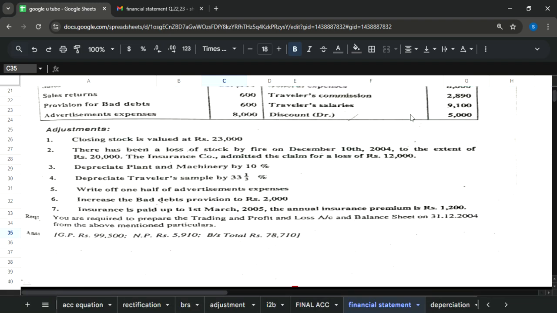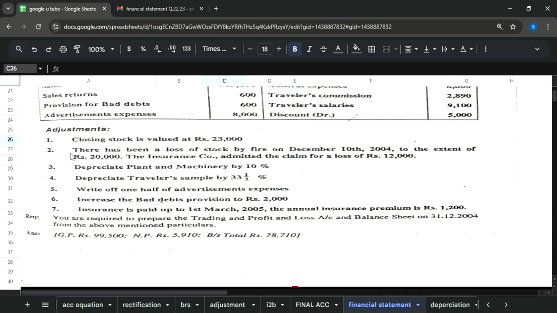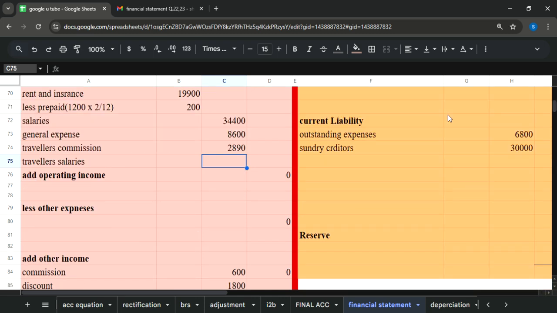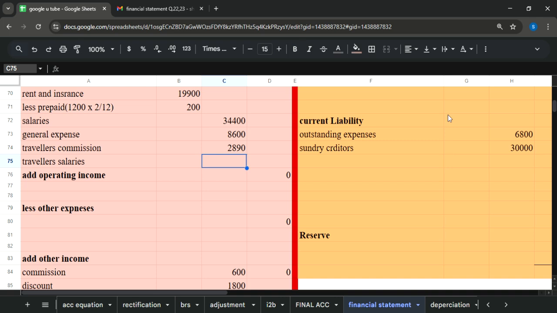After which we have travelers salaries, again it's an operating expense. Travelers salaries, amount of which is 9100. We do have very short space now. I forgot the amount, 9100. Alright.